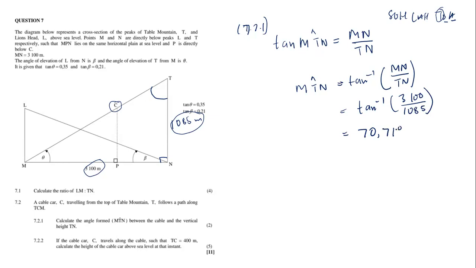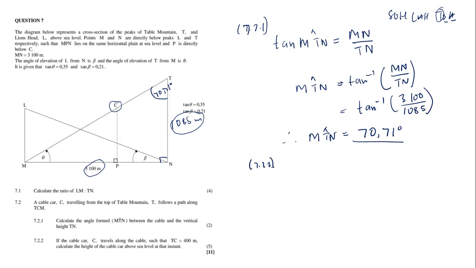So angle MTN will be equal to this magnitude over here, 70.71 degrees. This is the angle.